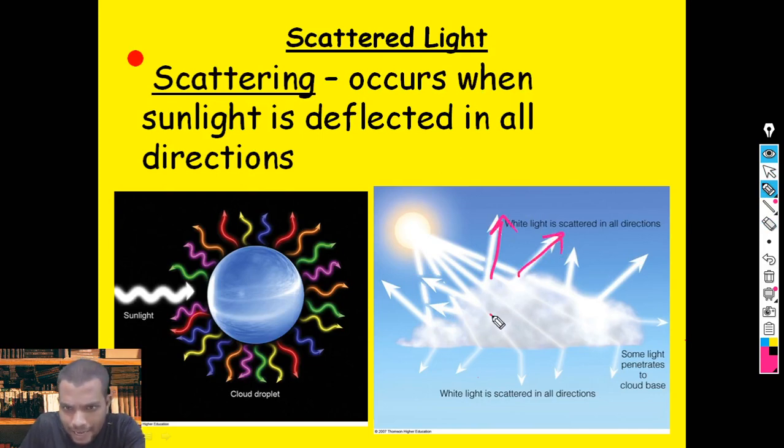Because the size of the raindrops interacting with light is bigger than the wavelength of the light. That's the reason all wavelengths are scattering. If all wavelengths are scattering, again we see the white color. So the clouds appear white due to the scattering of light.